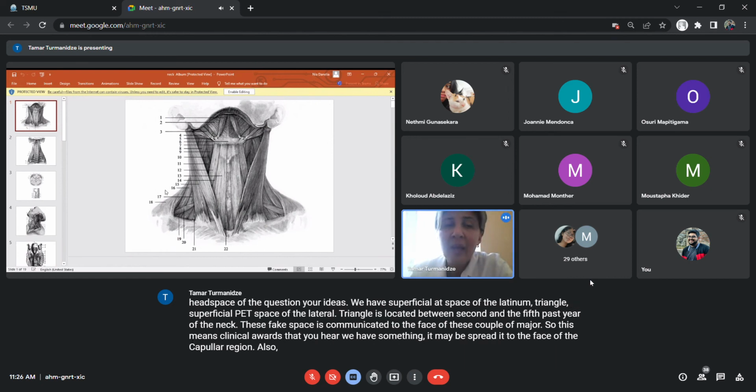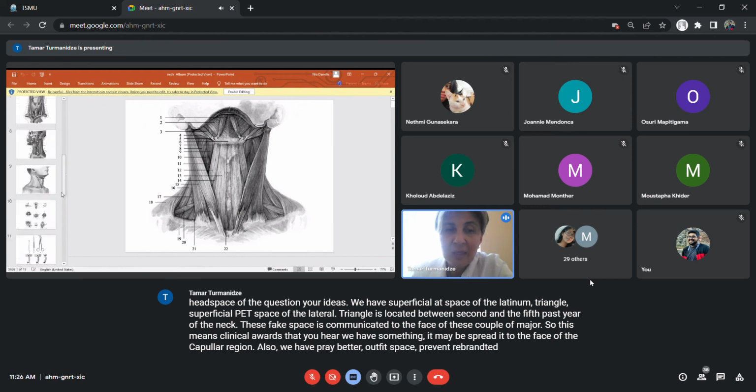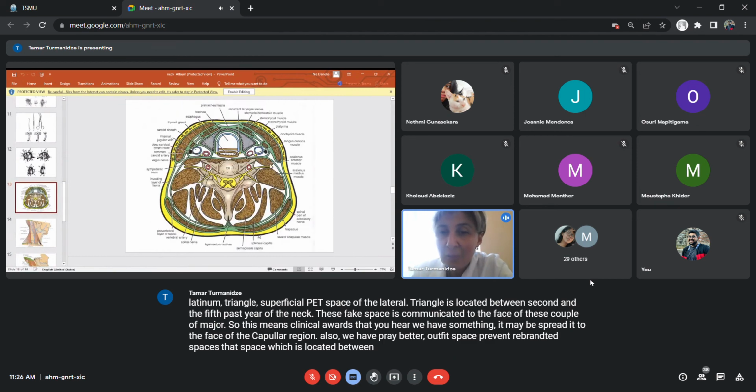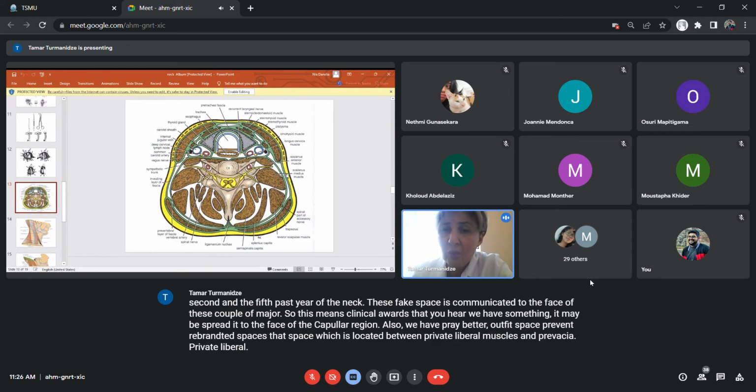Also, we have the prevertebral fat space. The prevertebral fat space is the space which is located between the prevertebral muscles and the prevertebral fascia. The prevertebral fat space of the neck is communicated downward to the fat space of the thorax region.